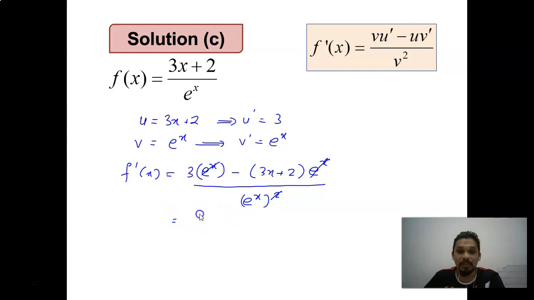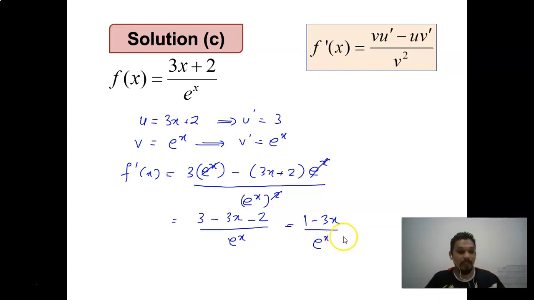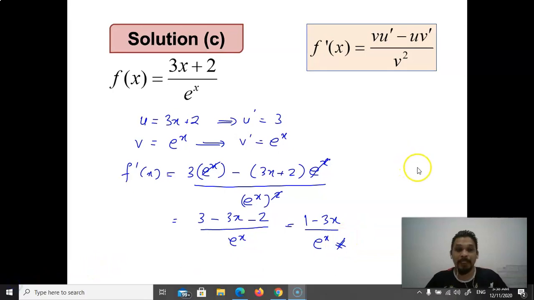So now we got 3 minus 3x, minus 2, divided by e to the power of x. So 3 minus 2 equals 1, minus 3x, divided by e to the power of x.